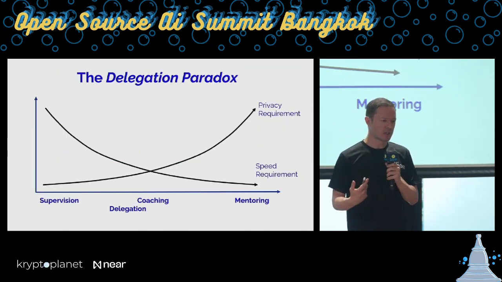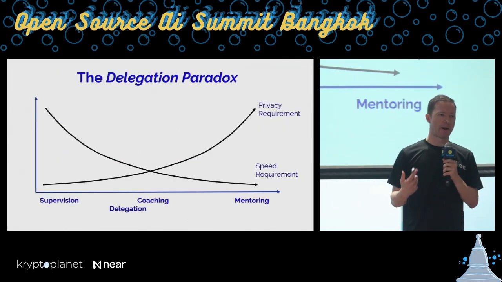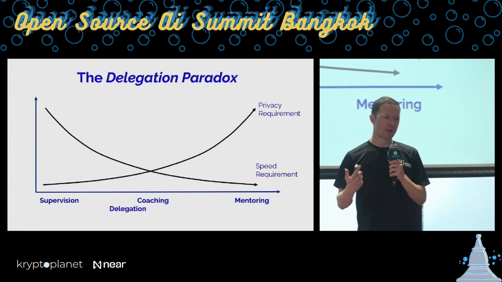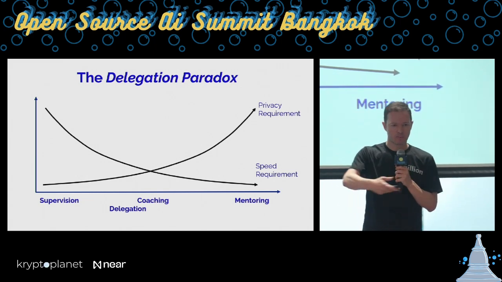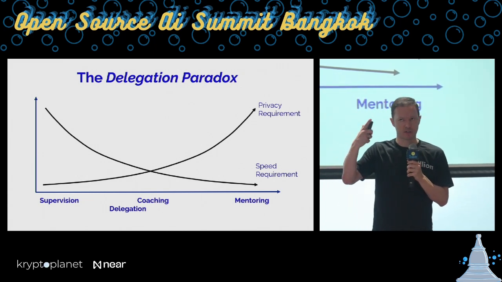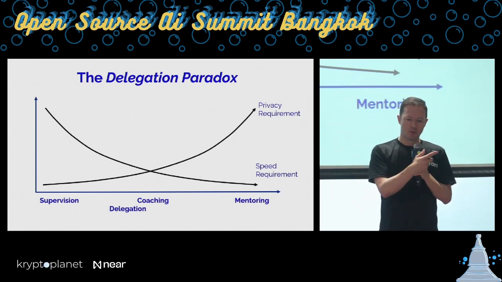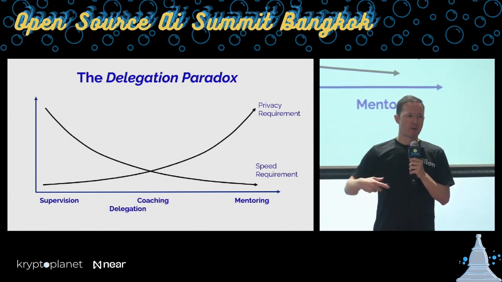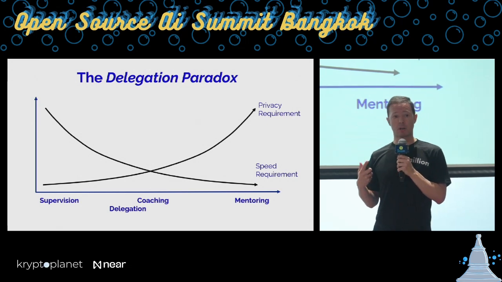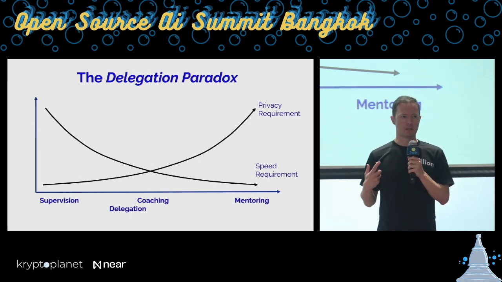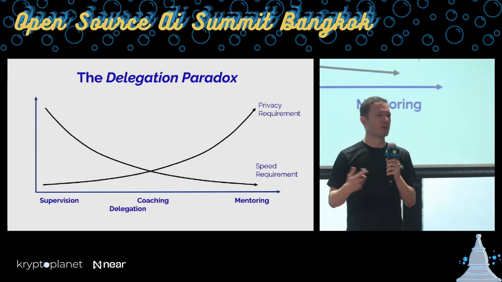And the interesting thing is what we call the delegation paradox, which is when you try to think of that progression path in terms of privacy and what that means. Now, in terms of privacy, it's clear that the more evolved the relationship, the more sensitive information you're going to be sharing with those agents. You can think, for example, in terms of the army.